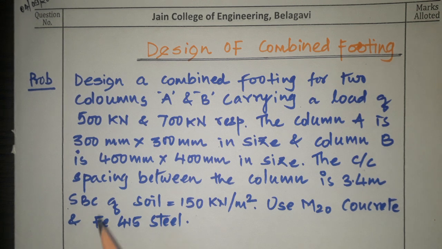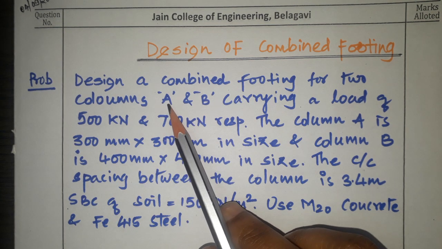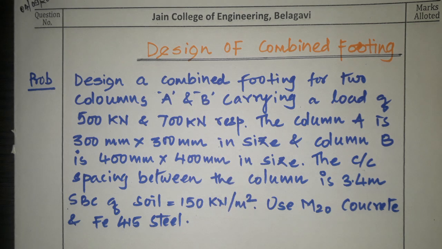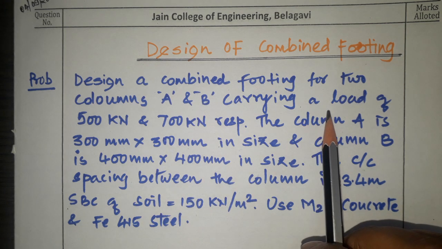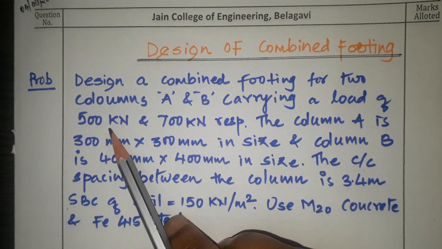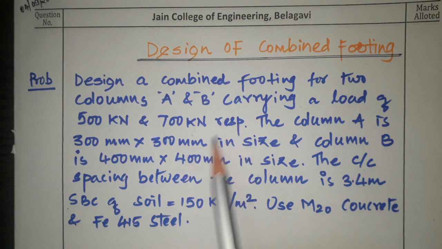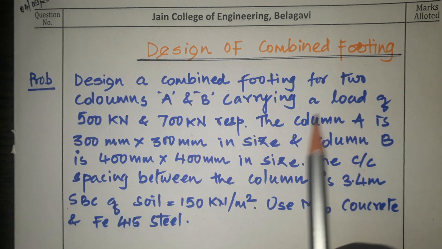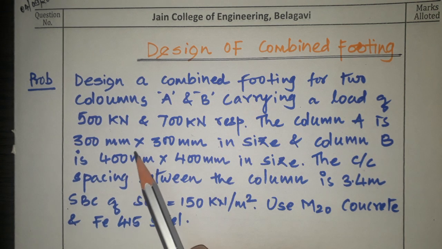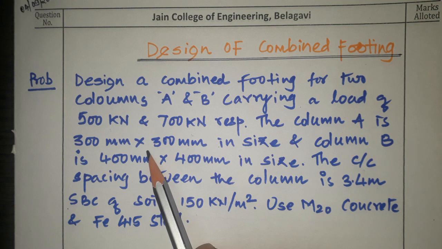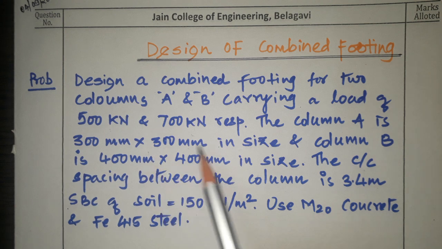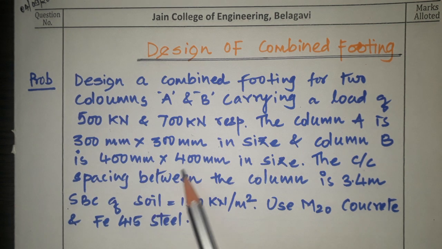Here there are two columns, column A and column B. Column A is carrying a load of 500 kN and column B is carrying a load of 700 kN respectively. The cross section of column A is 300 mm by 300 mm, and the cross section of column B is 400 mm by 400 mm.